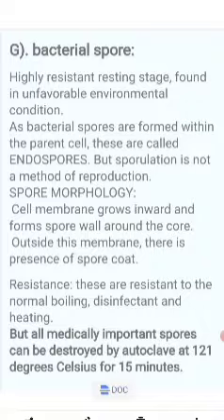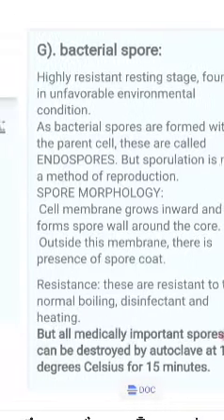These spore coats are so resistant to adverse conditions that spores can survive for years to even centuries. They are resistant to normal boiling, disinfectants and even heating, but all medically important spores can be destroyed by autoclave at 121 degrees Celsius for 15 minutes.